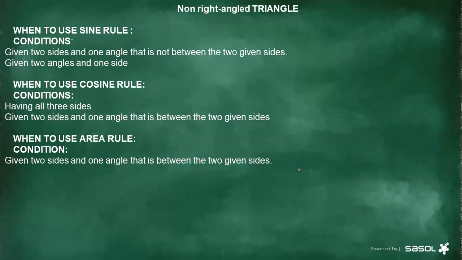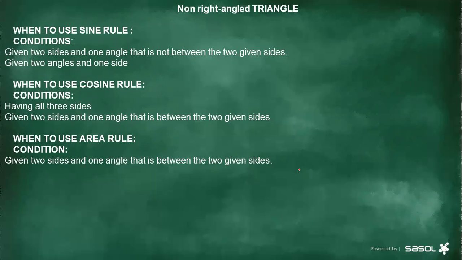But if you don't know the conditions for when to use the sine rule, when to use the cosine rule, or how to calculate the area, then it's not going to be possible for you to answer that particular question. So it's very important that we study these conditions, so that when we answer questions under 2D or 3D, we know which formula is suitable.